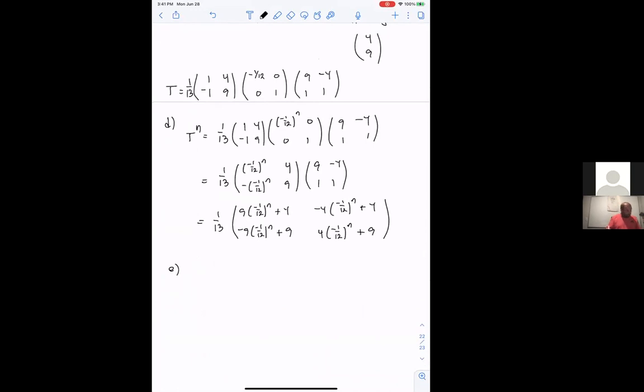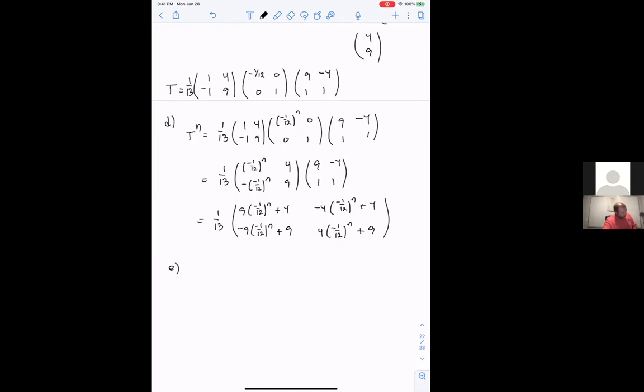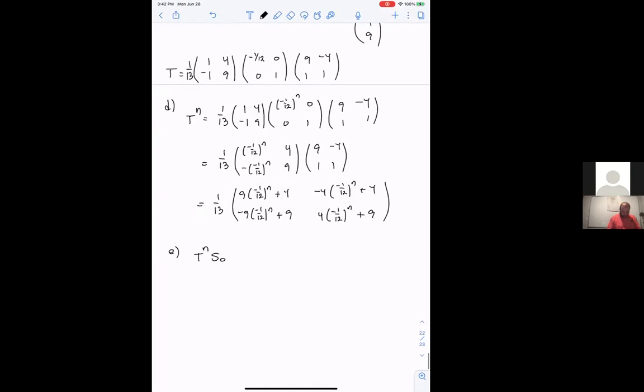Well, if I want the number of customers buying from R after n years, all I have to do is to apply T to the n to my initial state vector and read the top row, because I'll have a state vector, R and S. So I'm not even going to write it because I'd just be copying it over. It's just T to the n times S naught.